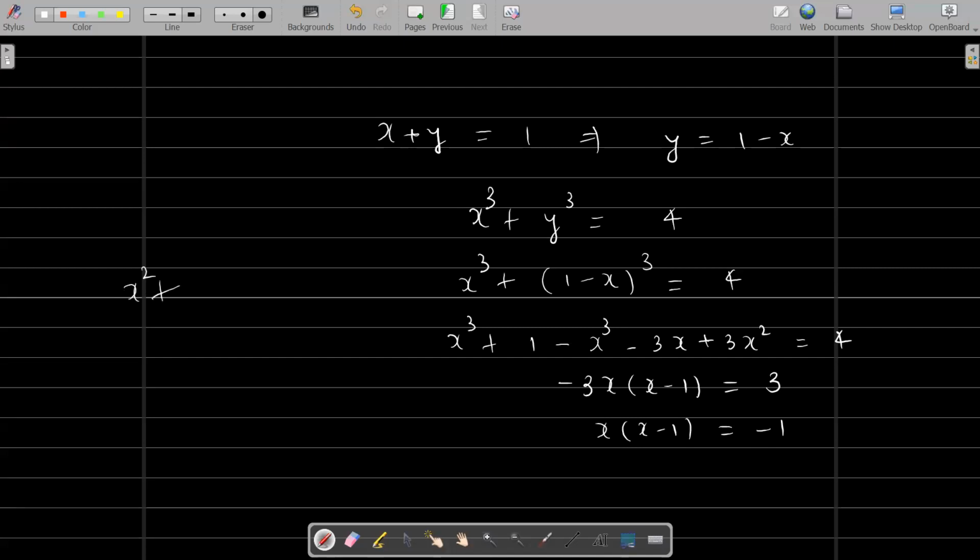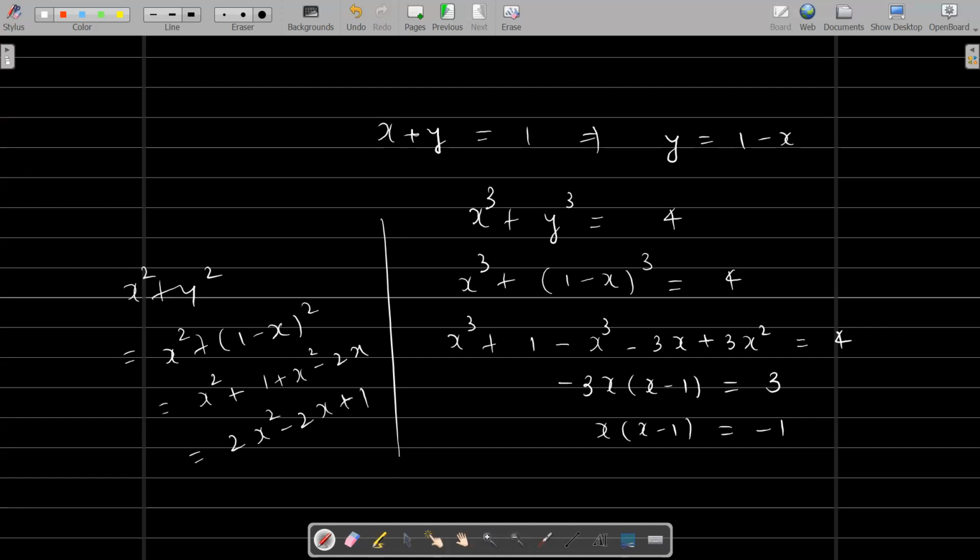And then x square plus y square is x square plus (1 minus x) squared. So that is x square plus 1 plus x square minus 2x, that is 2x square minus 2x plus 1.